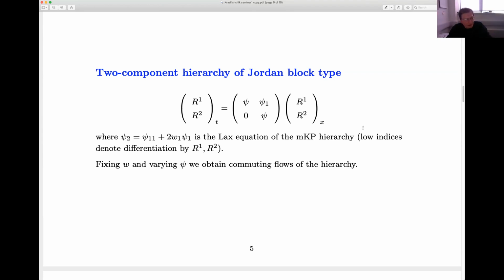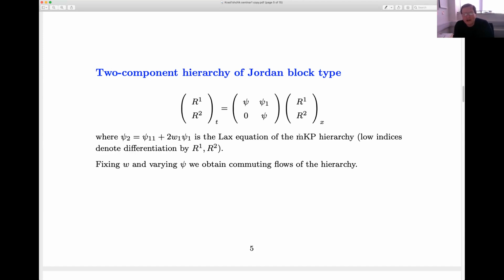So it's the same picture as for diagonalizable systems. You fix the potential of an integrable PDE and you vary solutions to the Lax pair. And then you get a commuting hierarchy. So maybe it will become more convincing in the 3x3 case. At least the connection with the MKP hierarchy will become clearer.